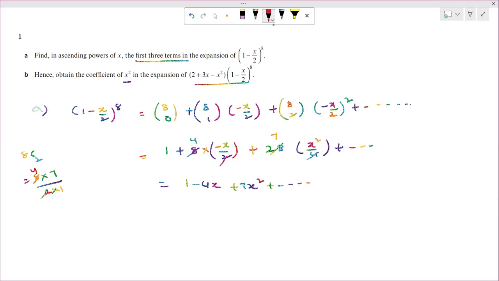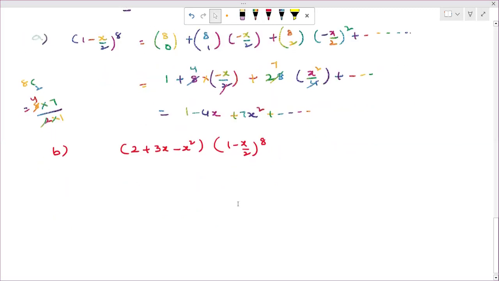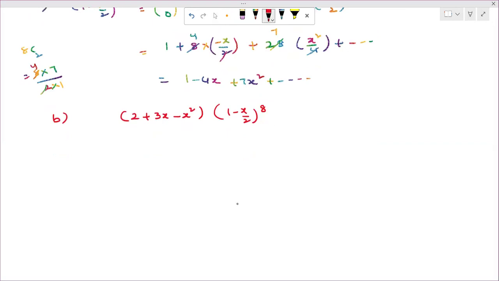So how will it be seen here? B part. First of all, you write down 2 plus 3x minus x square and 1 minus x by 2 whole to the power of 8. Now what they're asking us to find is the coefficient of x square. You need no need to multiply each and everything.